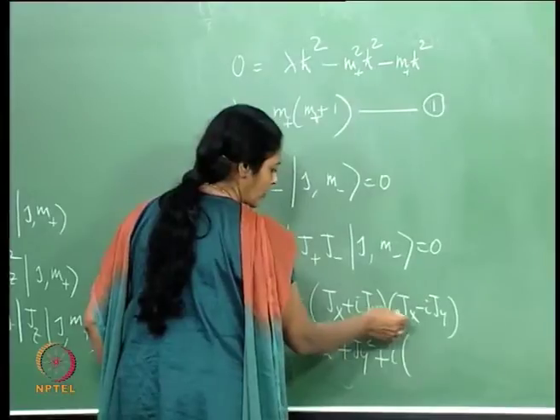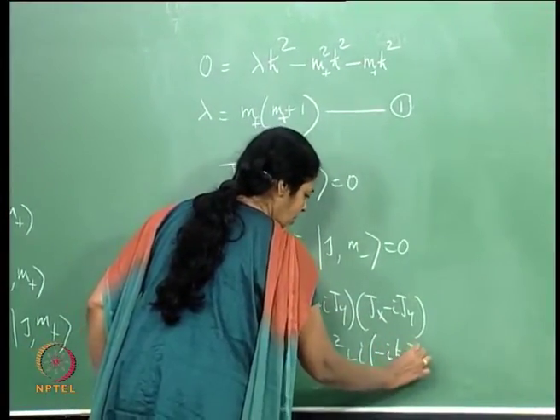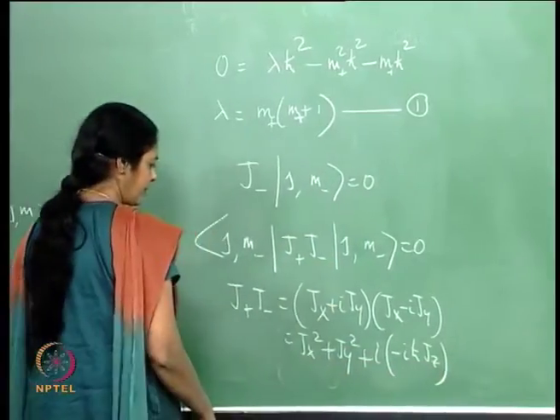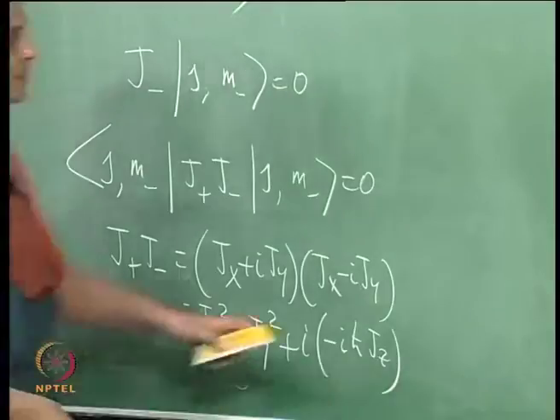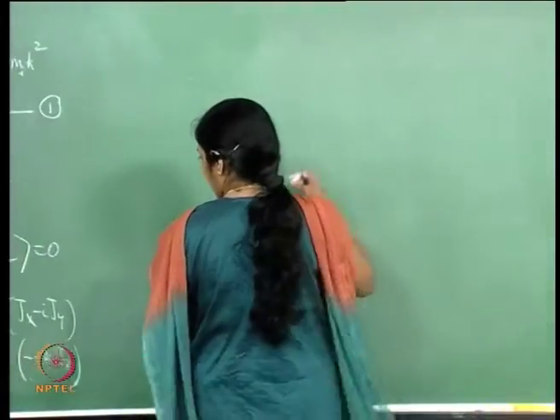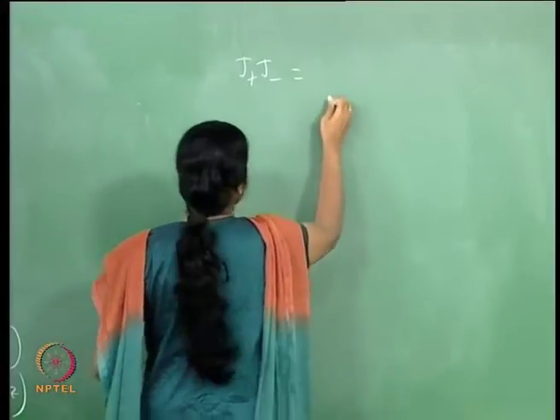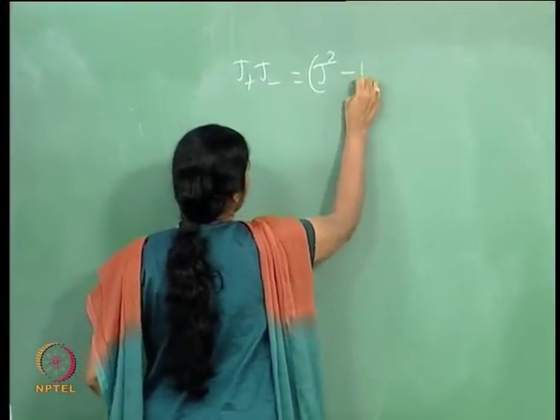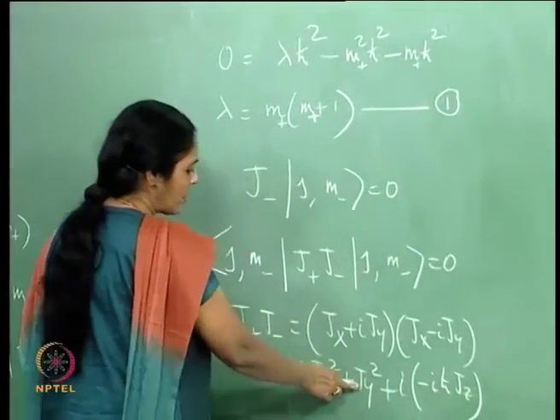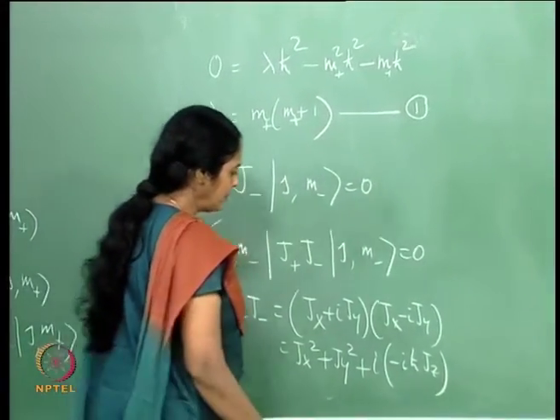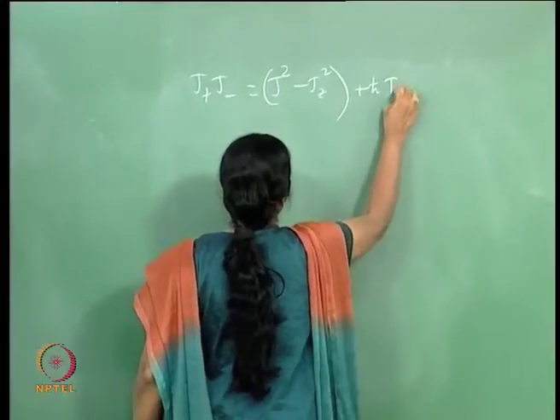The commutator of jy with jx is minus I h cross jz. This therefore tells me the following. I have j plus j minus equals j squared minus jz squared, because I have written jx squared plus jy squared in that fashion, plus h cross jz.